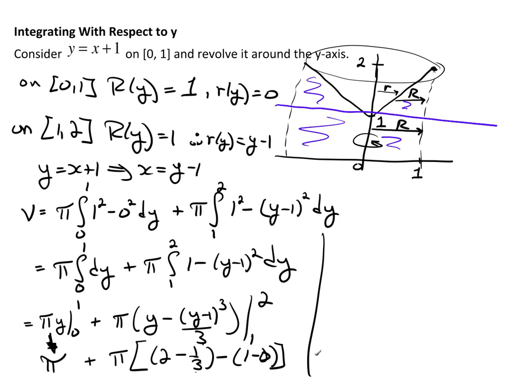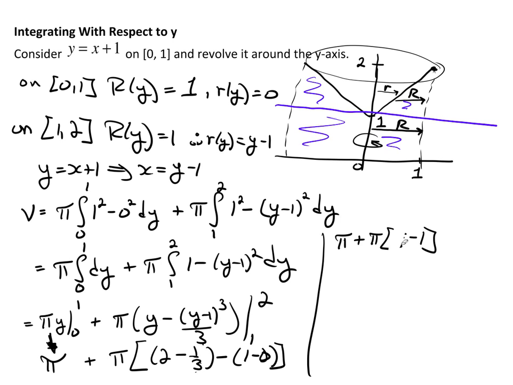So what does that give me? I'm going to have pi plus pi times 2 minus a third. Oops, 2 minus a third is not 2/3, excuse me.